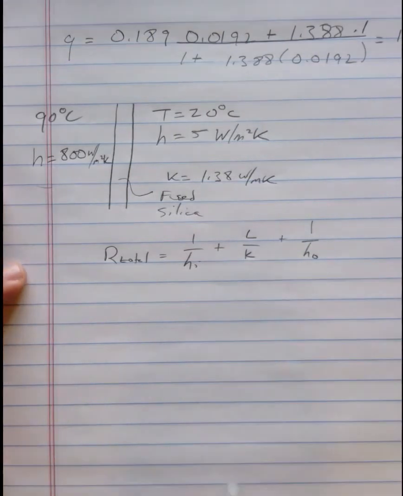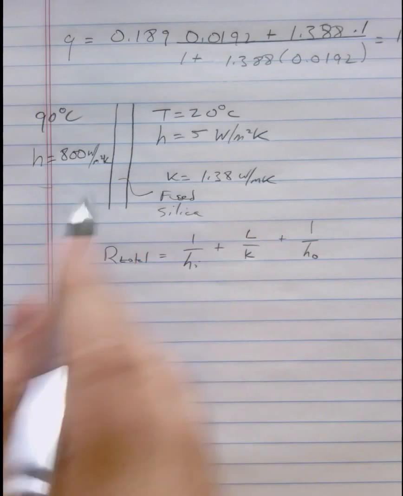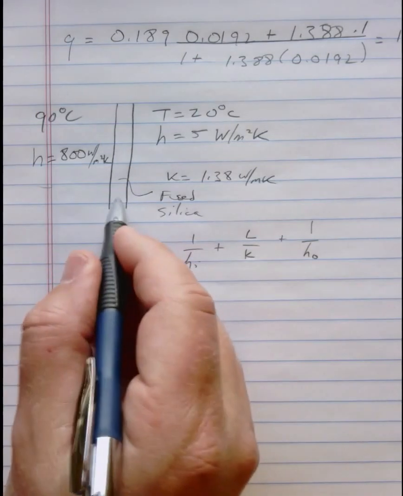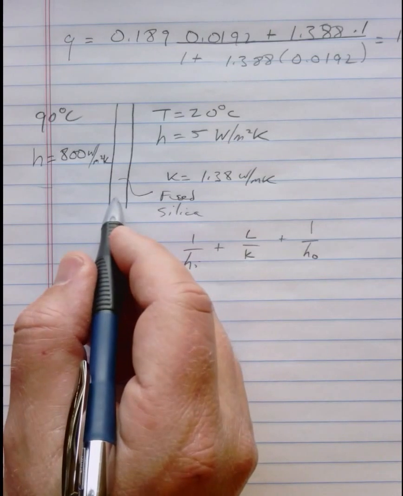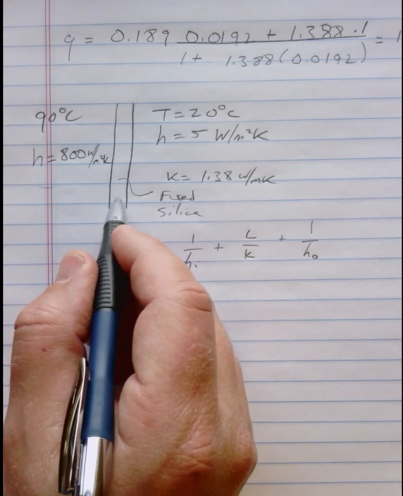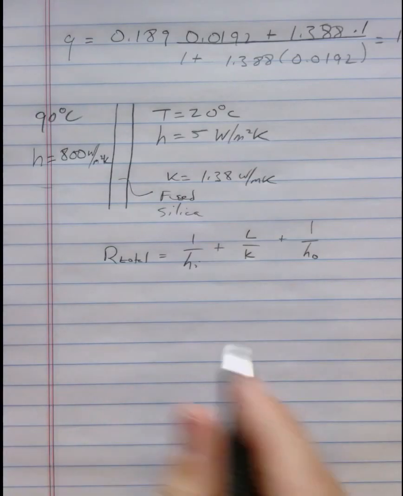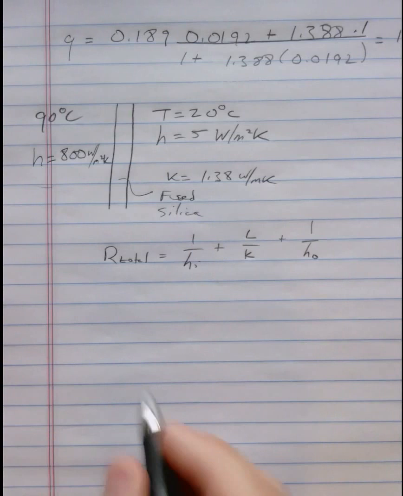Some of you might be crying foul and saying, "Hey, this thing's round." Well, I'm only treating the sidewall, and I'm taking advantage of the fact that the diameter of this thing is large compared to its thickness, so it's not going to act much differently than a plane wall. The fact that this is curved won't have much to do with it. And also, please keep in mind that this is a swag to begin with.